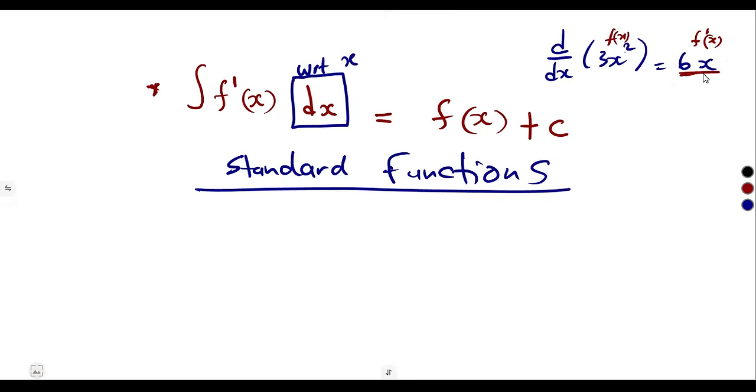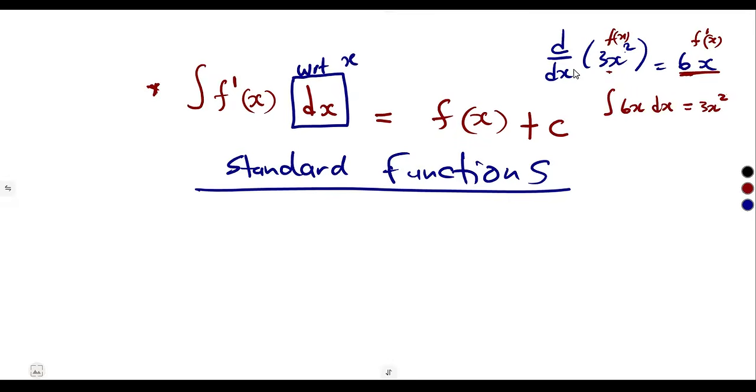If we integrate the derivative, 6x, with respect to x, we are supposed to obtain exactly this f of x as it originally was, 3x squared.